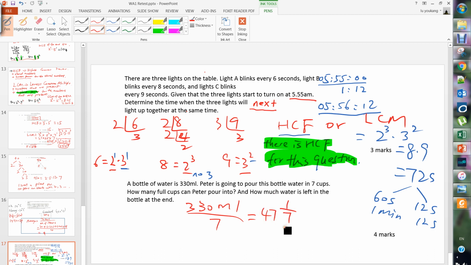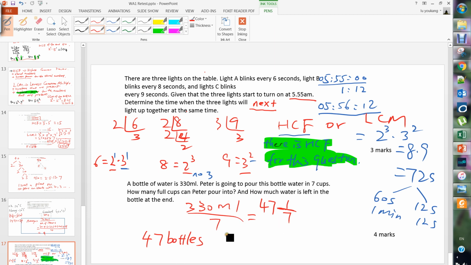47 1 over 7, right? Let me write it nicely, because the 47 should be in the middle, not lower, not higher. So therefore that means I can fill this into 47 bottles, and then what is left?